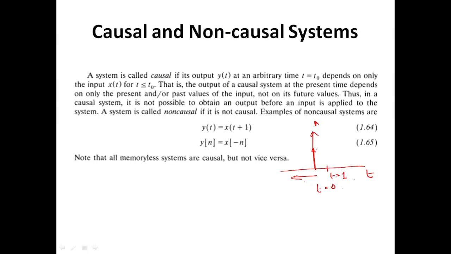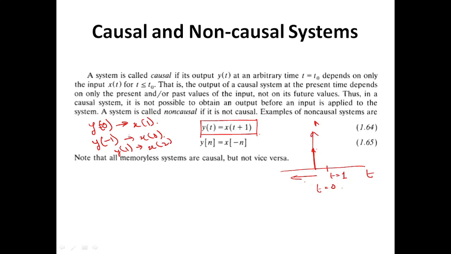Over here, there are two equations which have been given. When y is 0, t is 0, so for y of 0 we get x of 1. y of -1 means x of 0, and y of 1 means we have x of 2.